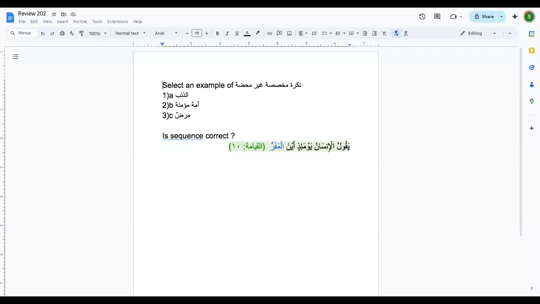The next question is the sequence starting from here: Ainal mafar. Correct. Is this a regular sequence? Is mubtada where it is supposed to be, or is there a change?